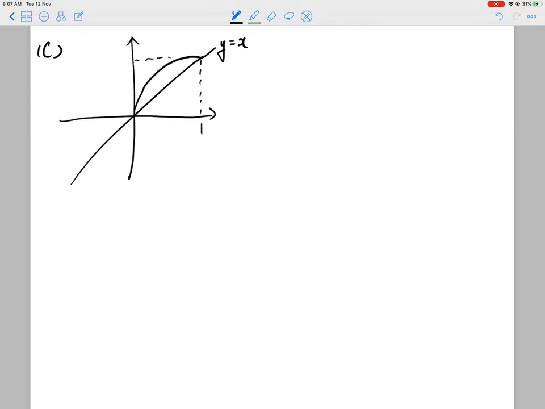When x is 1, this part is y equals square root of x. So this is a region bounded by these two curves. You revolve it about the line x equals 2.